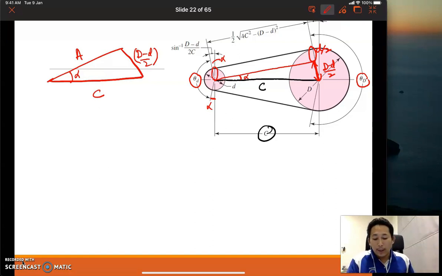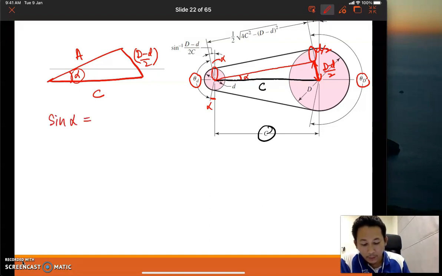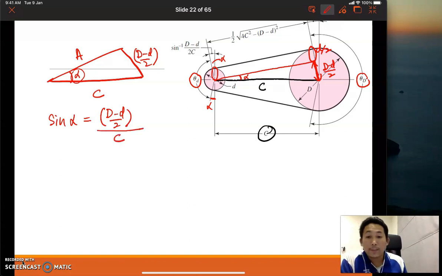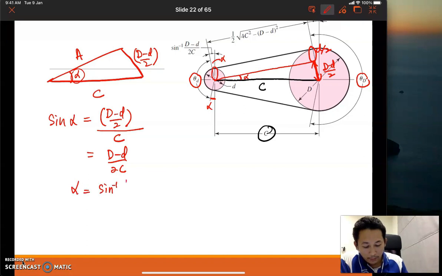From that, sine alpha is equal to D minus d over 2, divided by C. So we have D minus d over 2C, and alpha is equal to sine inverse of D minus d over 2C.